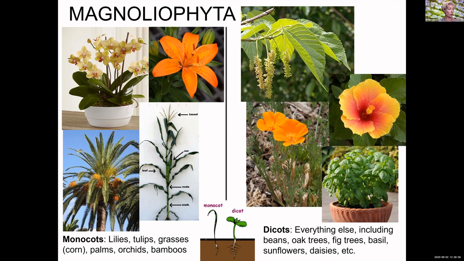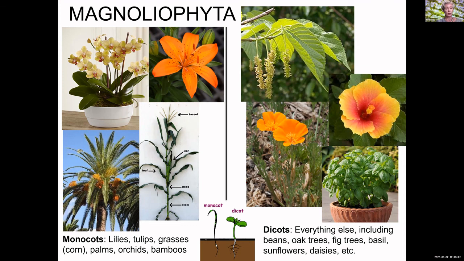All right, that was our quick introduction to the Archaeplastids. So remember, that includes the red algae, the green algae, the charophytes, and the land plants. And then the land plants, we've got those non-vascular seedless plants, the mosses, Bryophyta, and the liverworts, the Marchantiophyta. We have the vascular plants with no seeds.